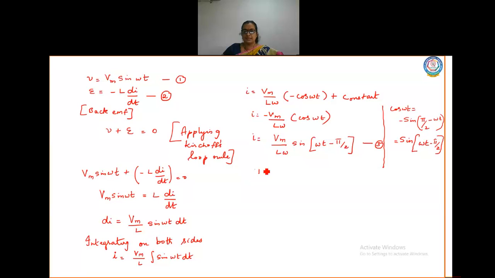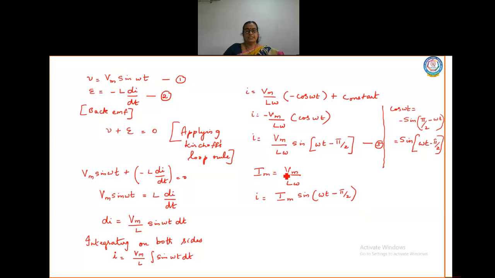Im is Vm by L omega. So I will substitute Im instead of Vm by L omega, which is considered to be the peak value of the alternating current. What is Im, children? Im is the peak value of alternating current. So the equation now becomes I is equal to Im sine omega t minus pi by 2. Is it clear?